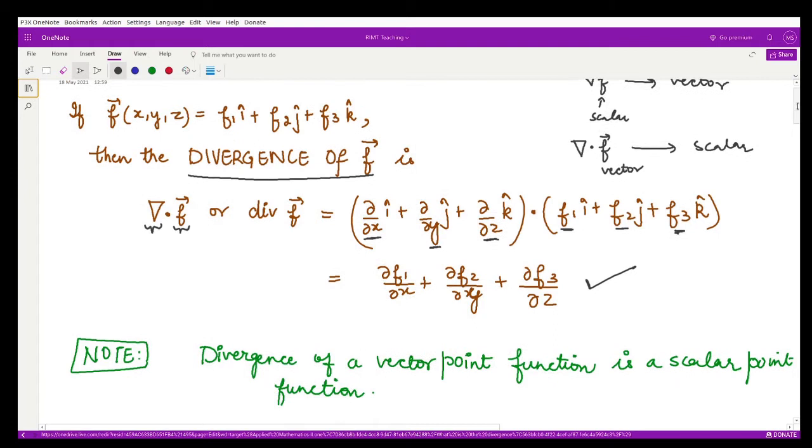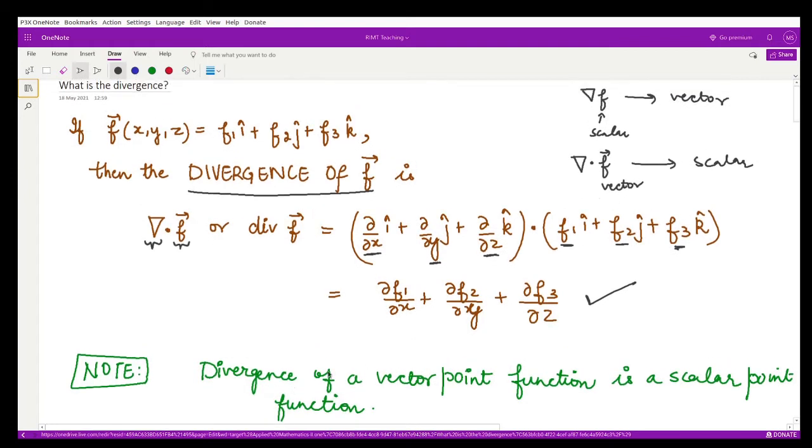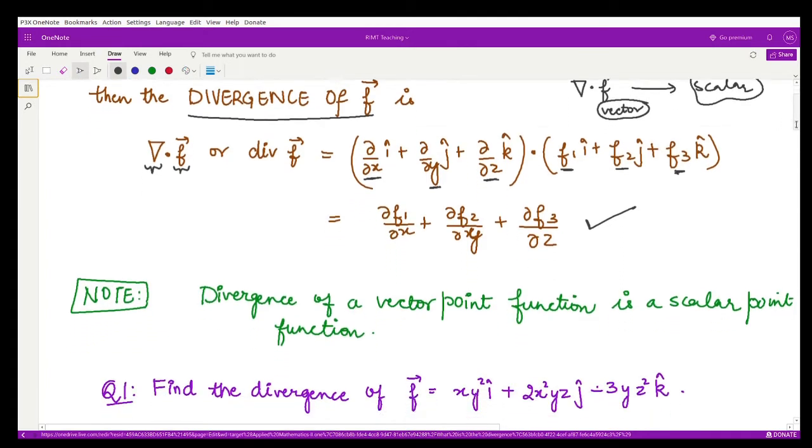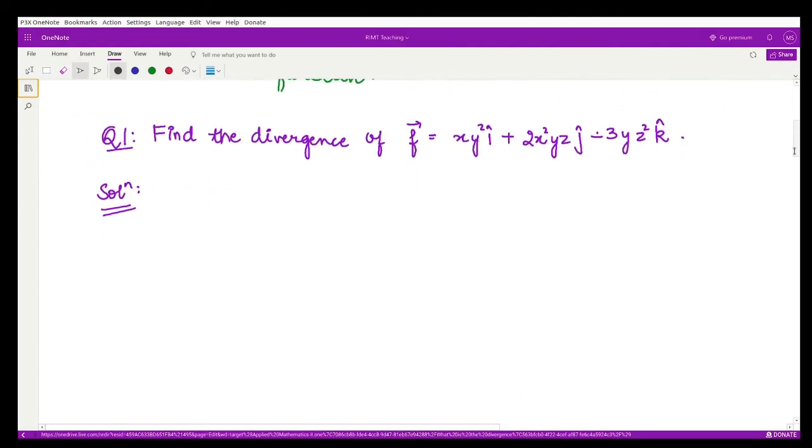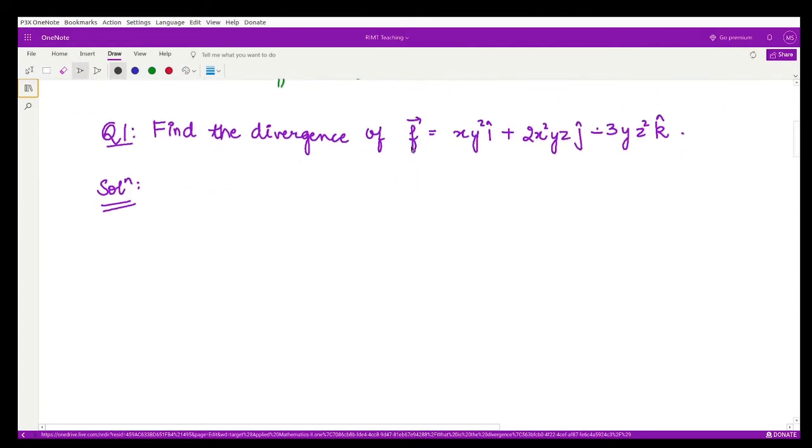Now, as I've told you, divergence is always applied onto some vector, and as a result we obtain a scalar point function. For an example, suppose this vector f is given to us: x y square i cap plus 2x square yz j cap minus 3yz square k cap, right?